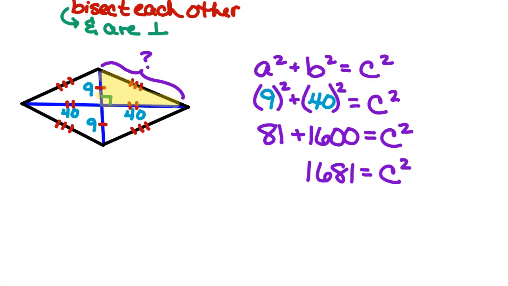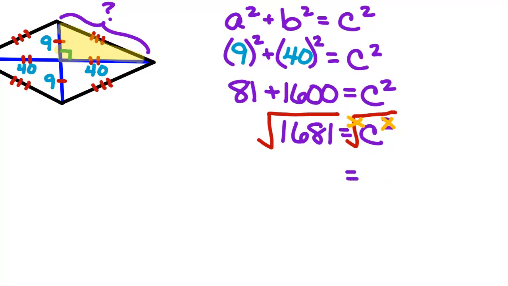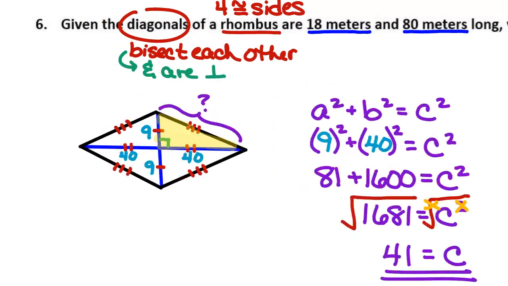What do I need to do now? Square root. And if you do it to one side, you have to do it to the other side. So over on the right, the squared and the square root cancel each other out, which means I have just what? C. And what is the square root of 1681? 41. It actually came out to be a nice whole number.